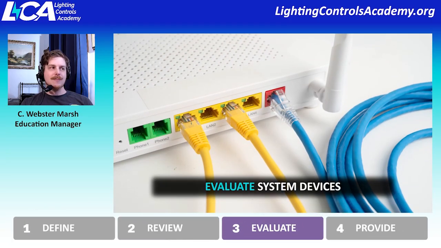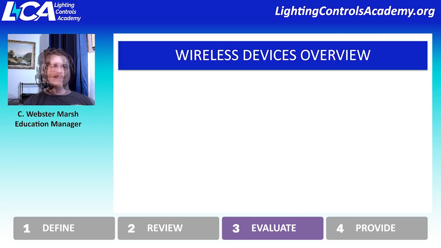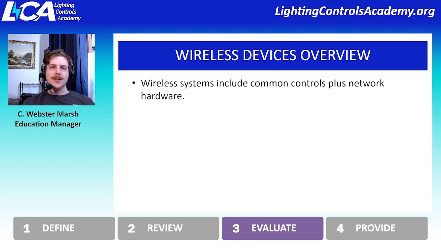All right, so let's talk about what devices we might see. We've already mentioned a couple of them, but there are a lot of different devices you might come into contact with in a wireless system. When we're talking about wireless devices, it's really important to think about what the common controls network is going to be and how that hardware interacts with the system.